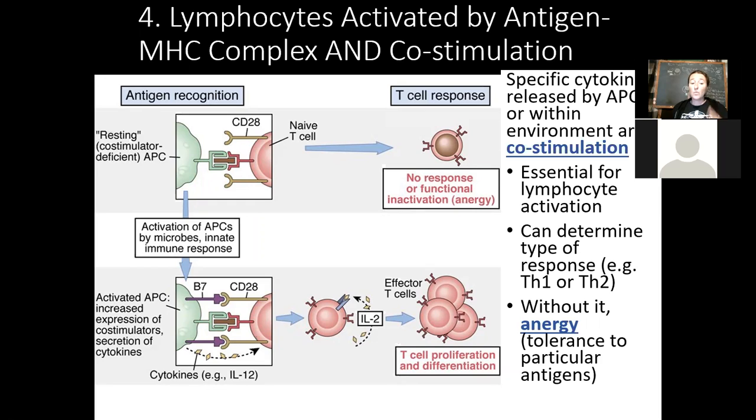But what we do need to understand here is that cytokines are going to be produced by the APC. And if this is a serious threat, if this is something that we really need to go after, cytokines are going to be released at the same time that we get the presentation of the antigen.